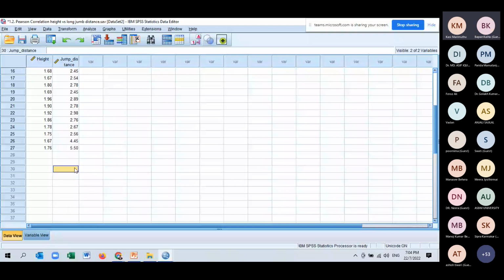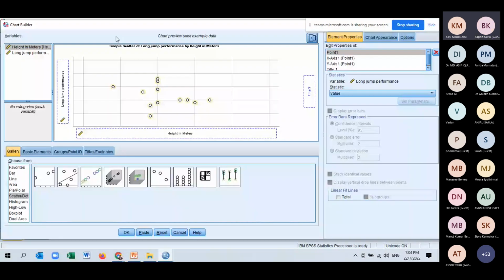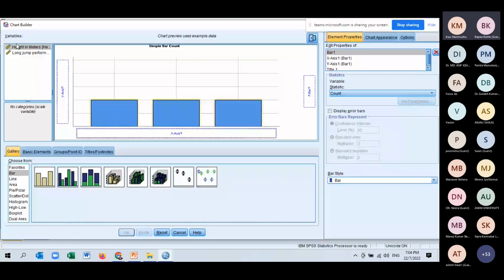Otherwise, I'll demonstrate a graph. Go to graph, chart builder. Sorry, first reset. I changed only the two values. Go for a scatter plot.